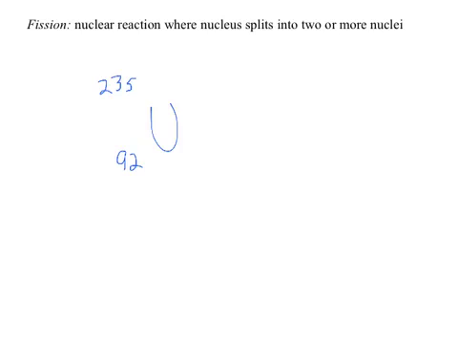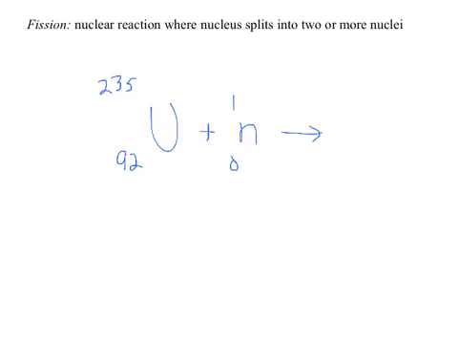So I would write a neutron like this. What does the one on top stand for? Mass. And it's a neutron. And there's no protons, so the mass has got to be 1. Little n represents neutron, and the mass is 1. There's no atomic number here.